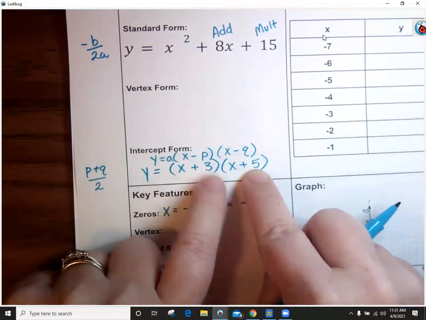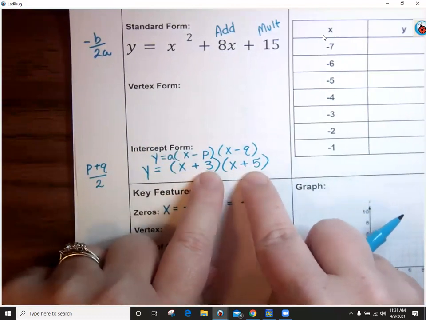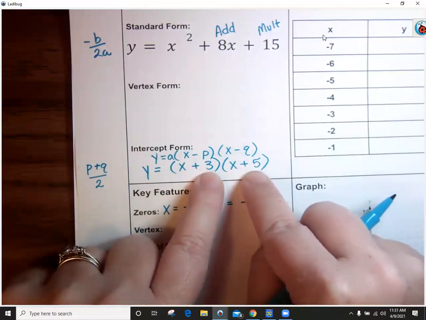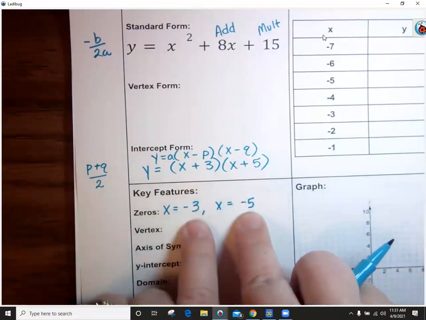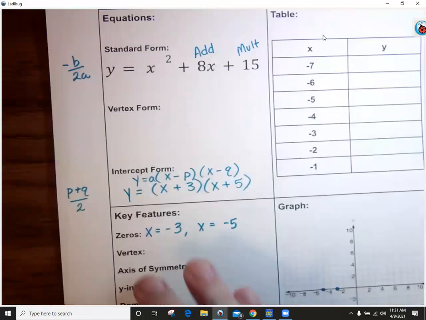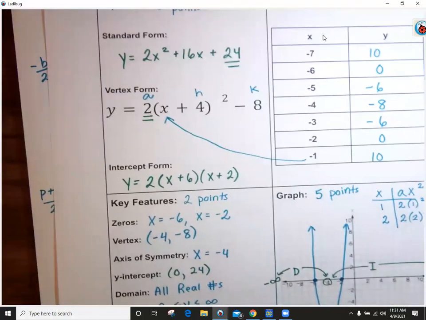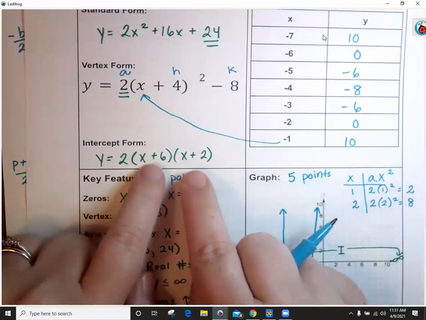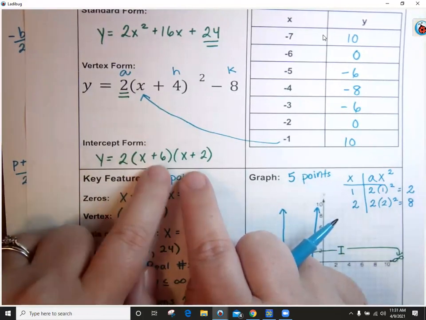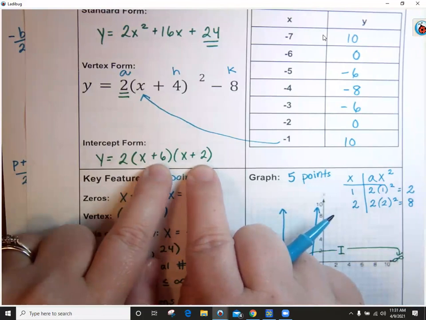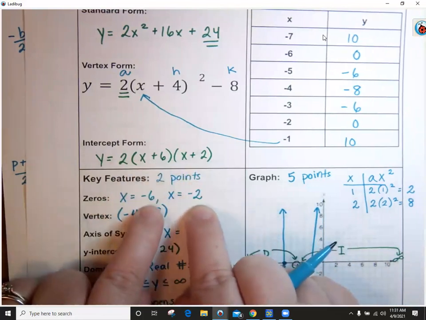So the p and the q are always opposite of how they appear in the equation. If they look positive, they're negative. And on this one, same thing. They looked like they were a +6 and a +2, but they were really a -6 and a -2.